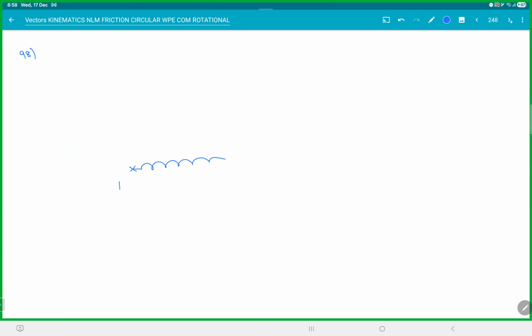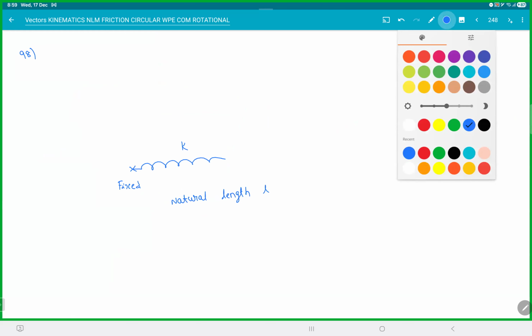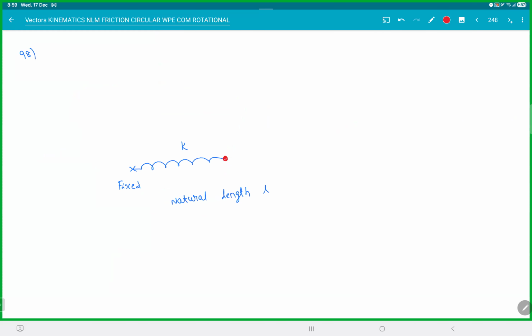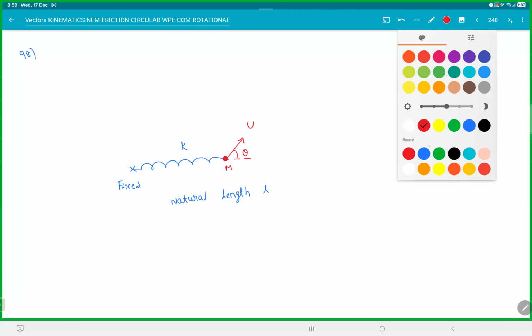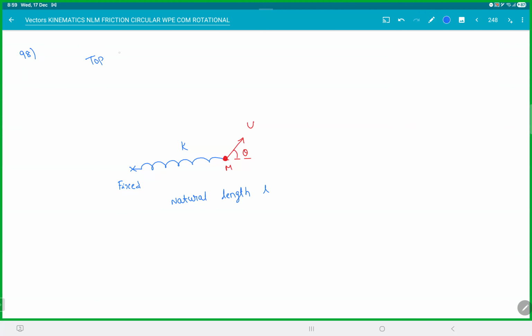This point is fixed. This is k. The spring is in natural length, L. At the edge of this, we have a mass m, which is projected with speed u at an angle theta. This is the top view. This whole setup is on a smooth floor, so there's no gravity.